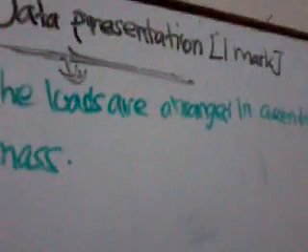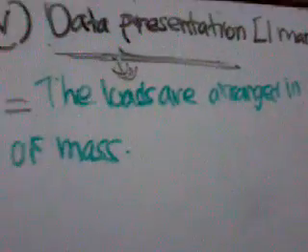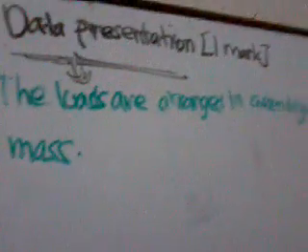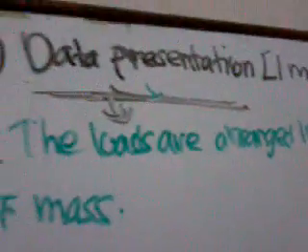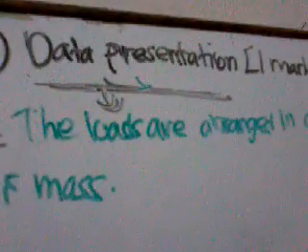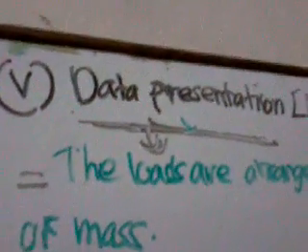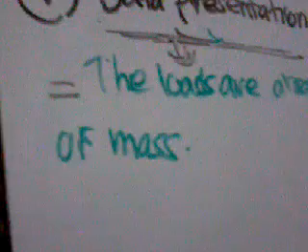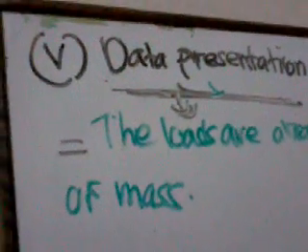Data presentation means the loads are arranged in ascending order of mass. Don't be confused by thinking data presentation must be tabulation of data. Sometimes it makes you complicated. So data presentation means this answer: the loads are arranged in ascending order of mass. That's all they're asking about.